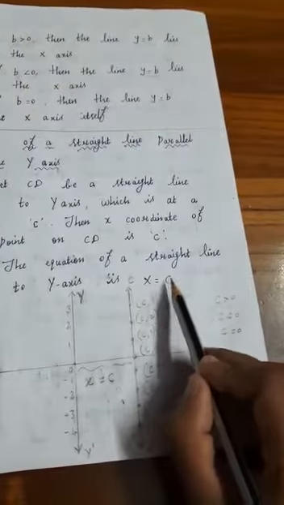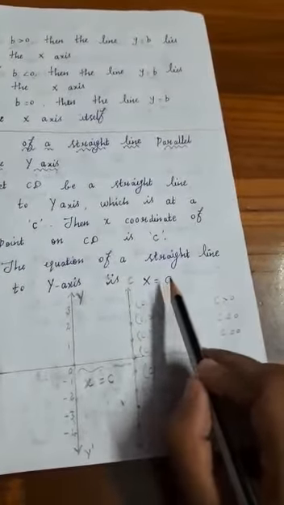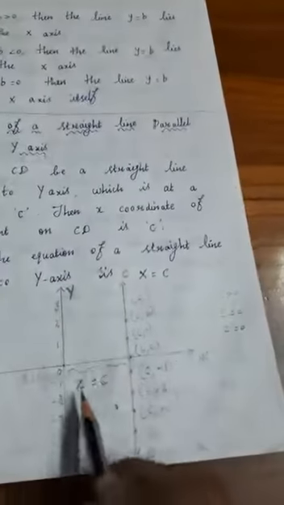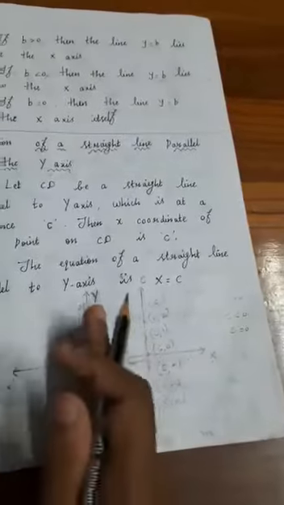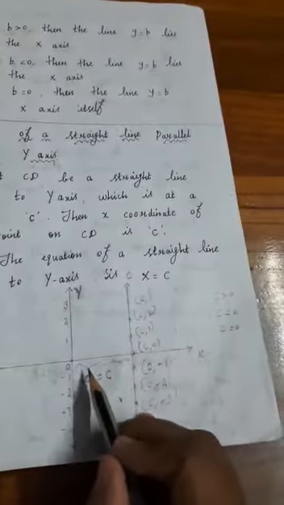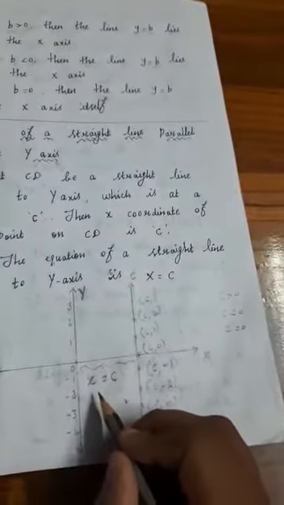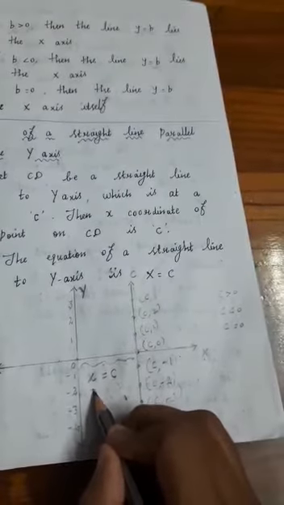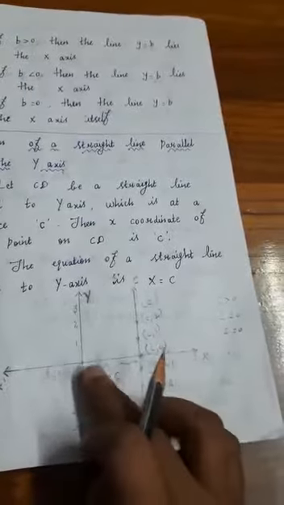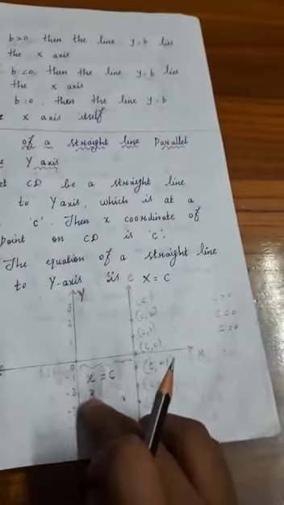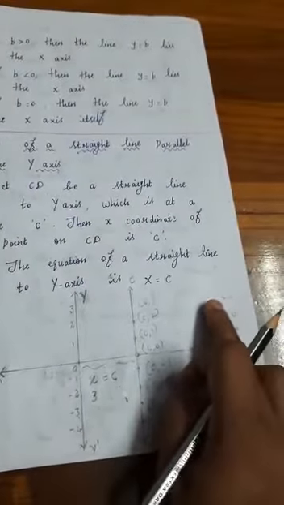So the x coordinate, the distance of the x coordinate, is a positive number. For example, this is the x-axis line, this is the positive side, this is the negative side. If you consider the positive distance 3, from this line to this line, that is the positive side. C greater than 0 means only positive numbers will come.